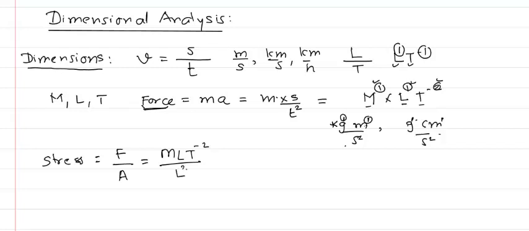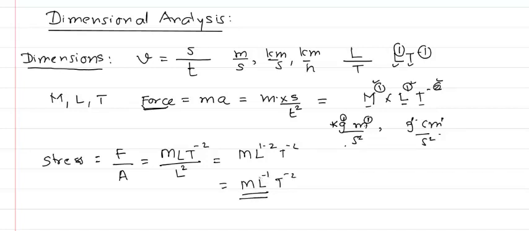Area will be L square because area is length into length. So it has dimension 2 for length over here. And if I simplify this, I'll get M L raised to 1 minus 2 T raised to minus 2, and this can be written as M L raised to minus 1 T raised to minus 2.